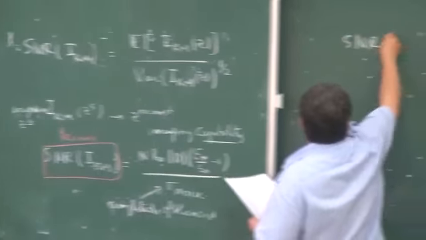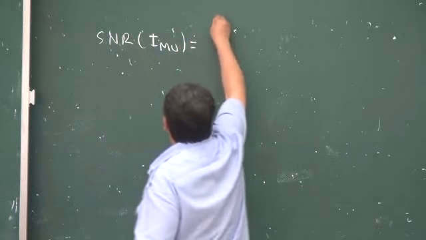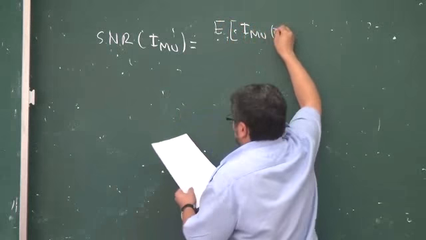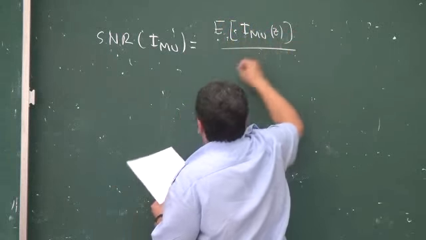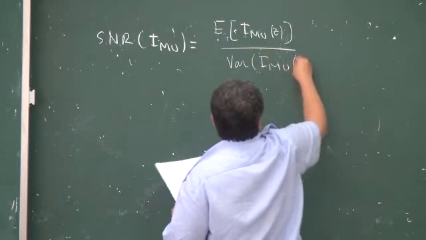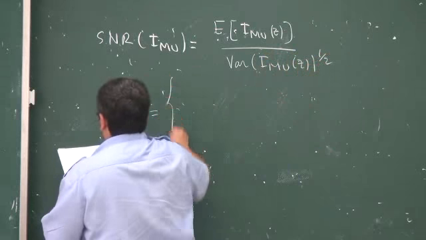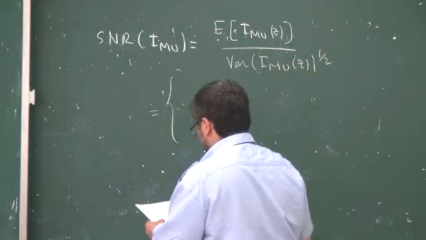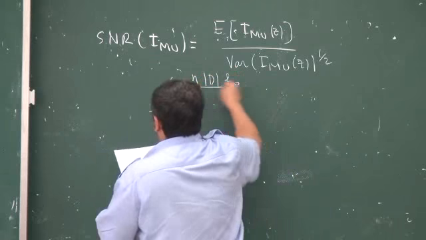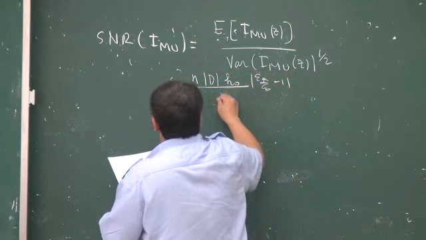the signal to noise ratio of the MUSIC imaging function is defined by the expectation of it at the true location over the standard deviation of it at the true location, and this is given by this formula: N D K0 epsilon star over epsilon 0 minus 1, over sigma noise.